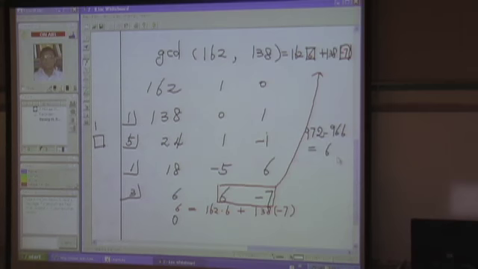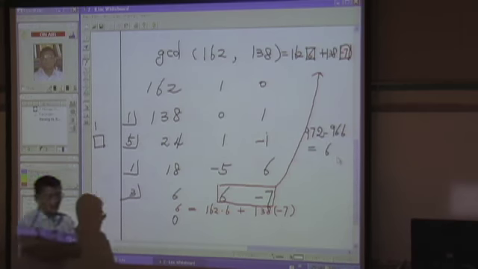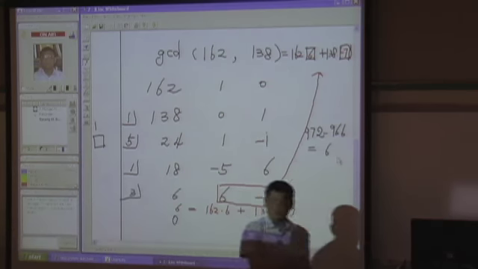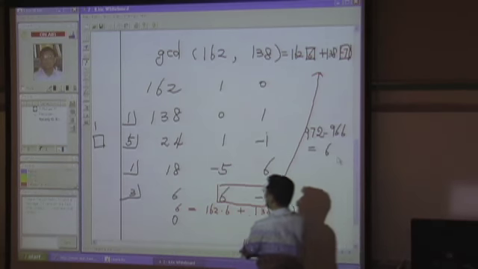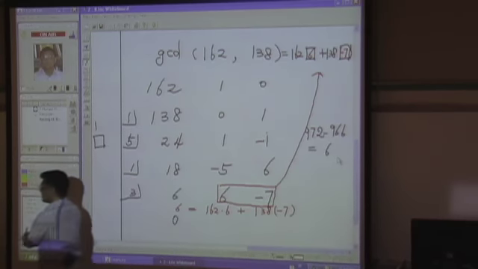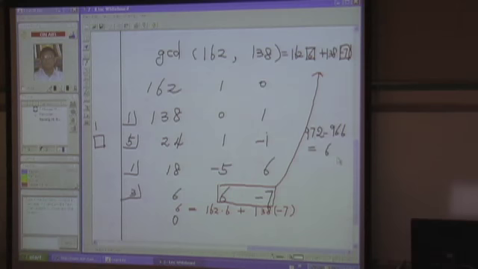I do not allow any calculator in the course, on the exam or anywhere. Of course, when you use a calculator at home, there is no problem, but you cannot use a calculator during the exam. So I will let you know one important method that you can use to handle big multiplications.